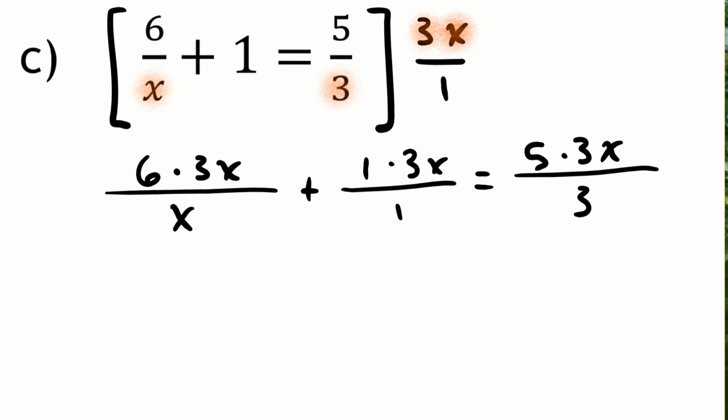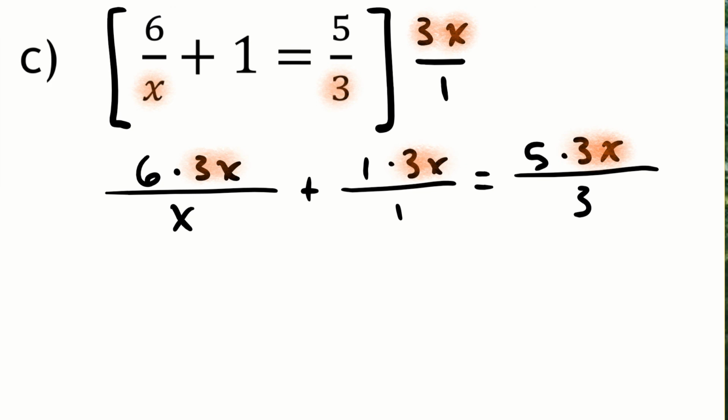So if we look very closely, we can see that this first term got factors of 3x. The second term on the left-hand side got factors of 3x. And then the right-hand side got 3x. So that factor of 3x was pushed across the entire expression.